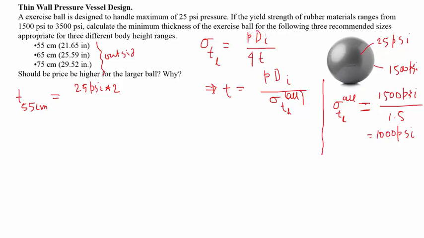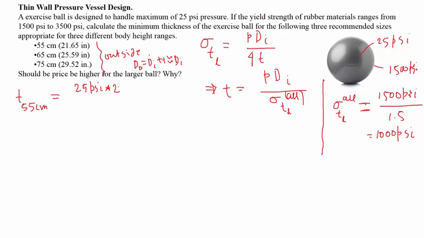However, the thickness is so small, it's just fine without considering this. So we can say D outside is equal to D inside plus thickness, which is equal to D inside, because this is very thin for that 25 psi. It's not going to make any difference at all.